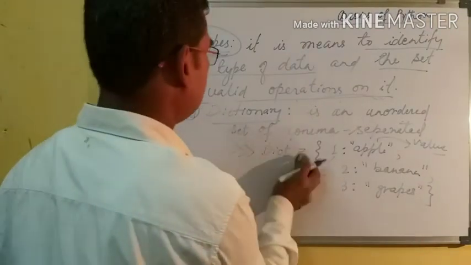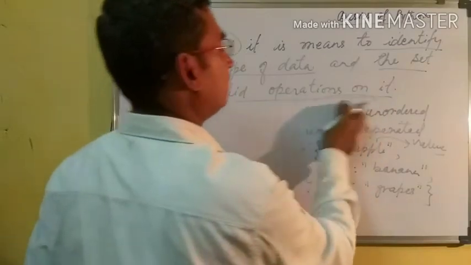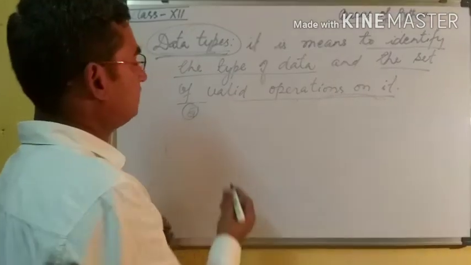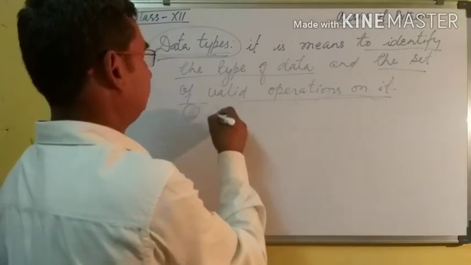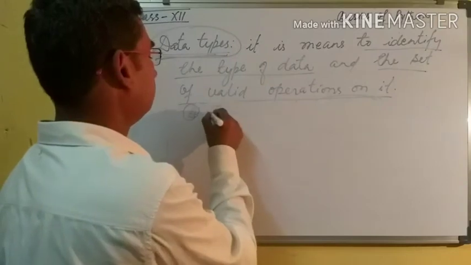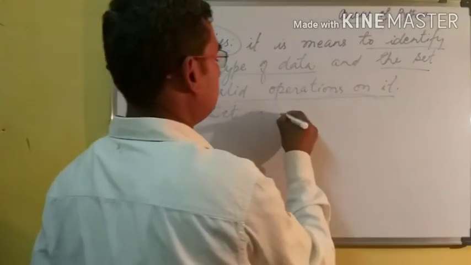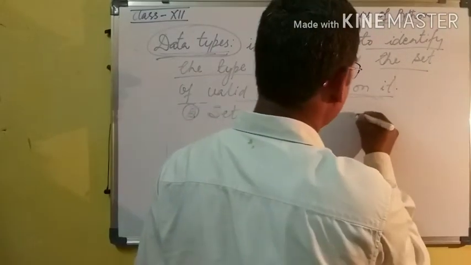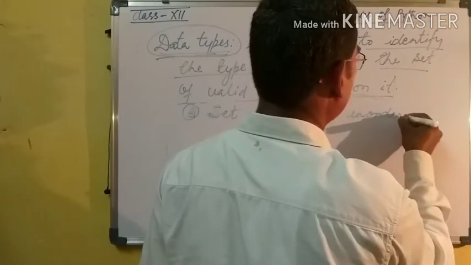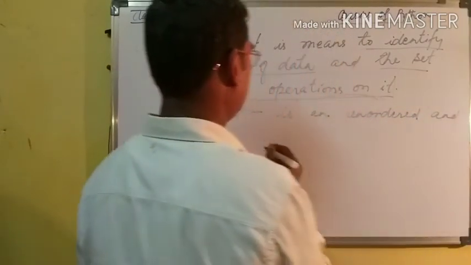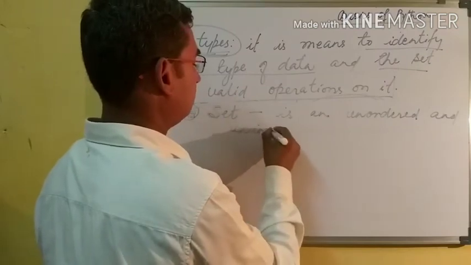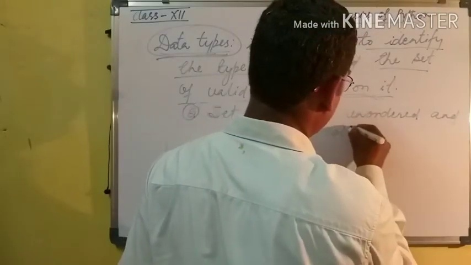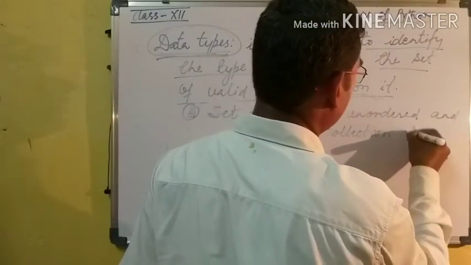Next one is set. A set is an unordered and unindexed collection of items.